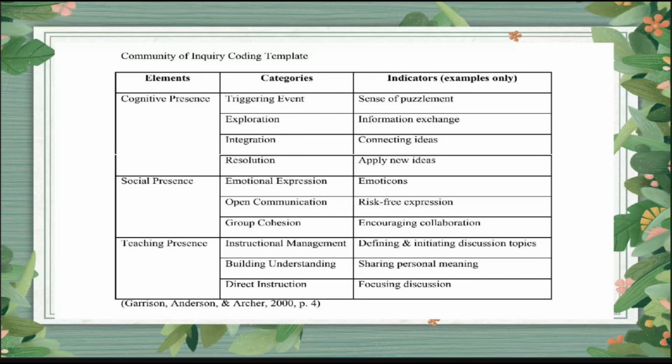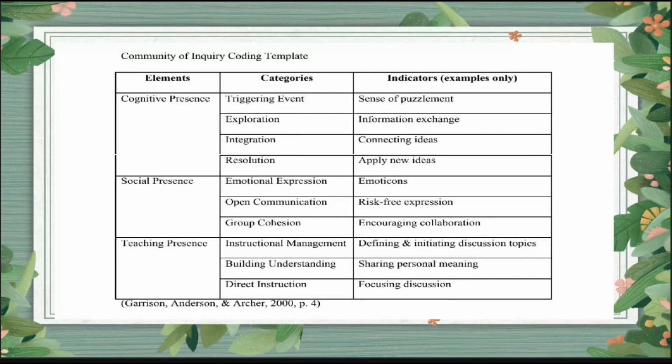As for the social presence part, the categories of social presence are emotional expression, open communication, and group cohesion. And the indicators of it are emotional risk-free expression and encouraging collaboration.